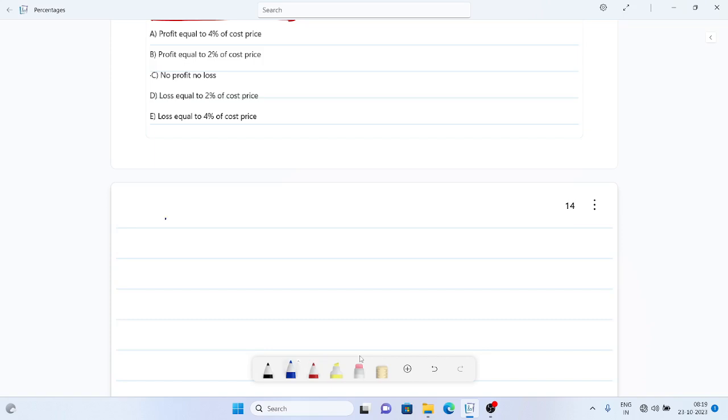I tell you, if any value is not given, the best way to solve this is to assume the initial cost price. You can also take X, but it makes the calculation tough or lengthy. So I take the initial cost price as 100.